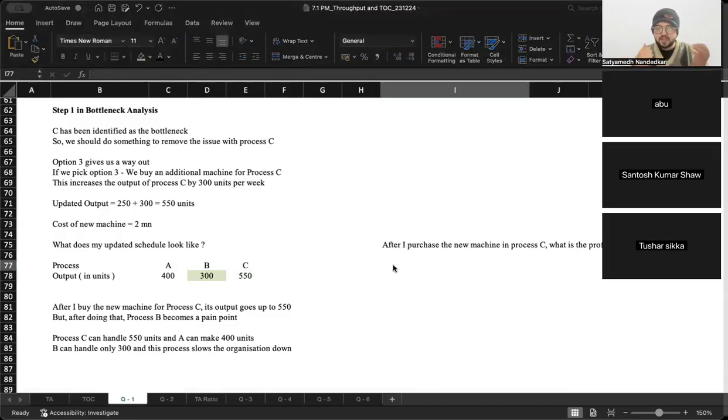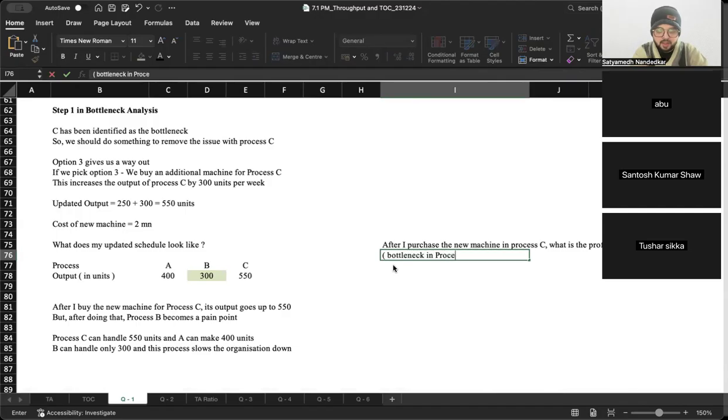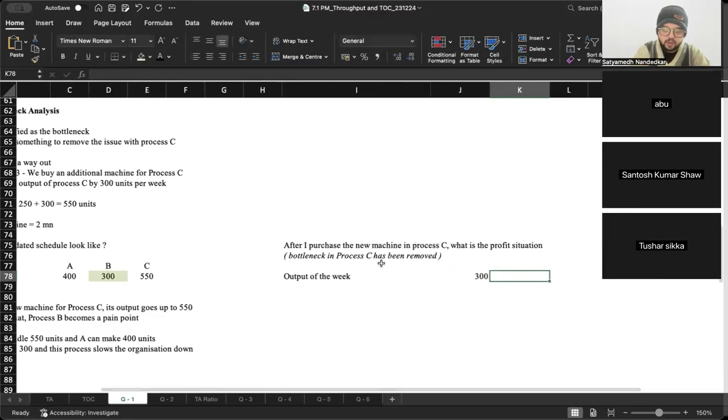Your overall business output is going to be restricted at 300 only. You won't be able to go beyond that. So after I purchase the new machine in process C, I can say the bottleneck in process C has been removed. After this, what happens? Output of the week is 300. And I'm going to write it here.